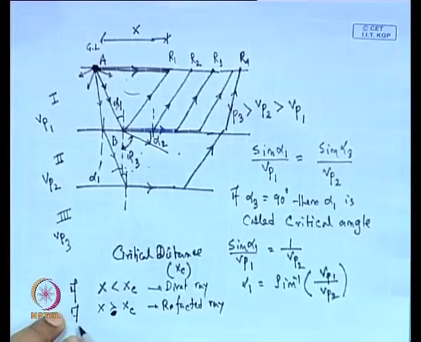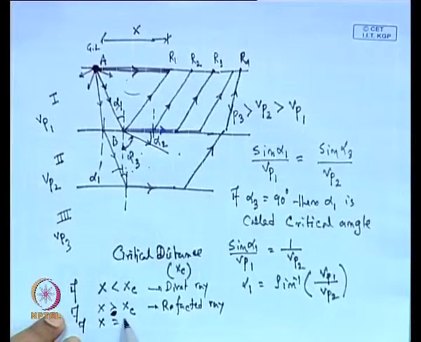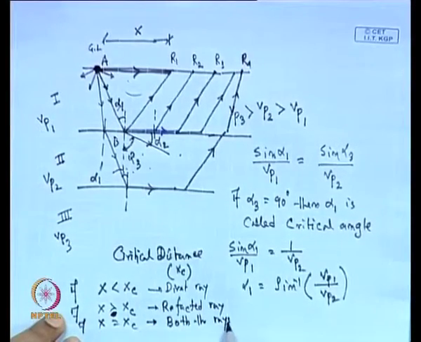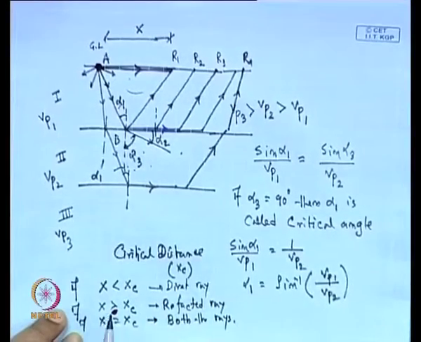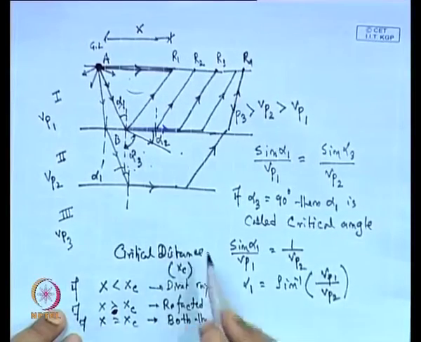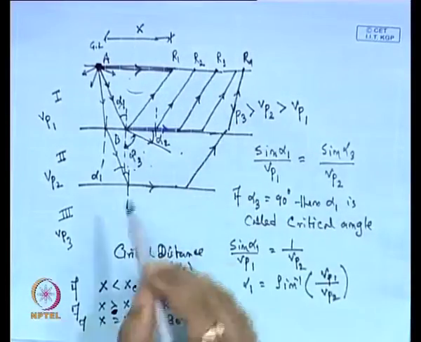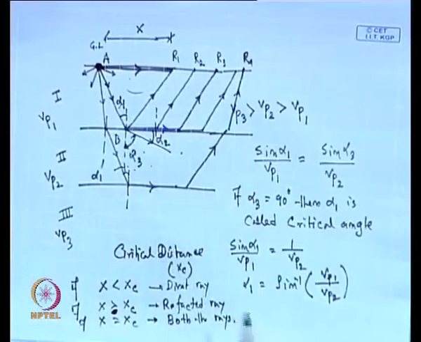And if x is equal to x c, then both the rays will be received at the same time. So, these are the three conditions. That means the travel time for the direct ray and the travel time for the refracted ray will be the same if x is equal to x c.